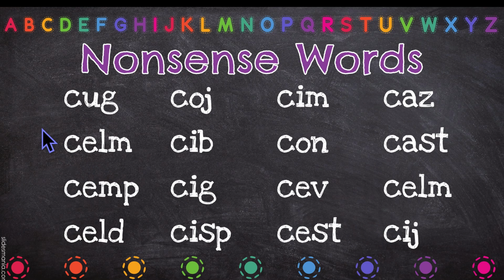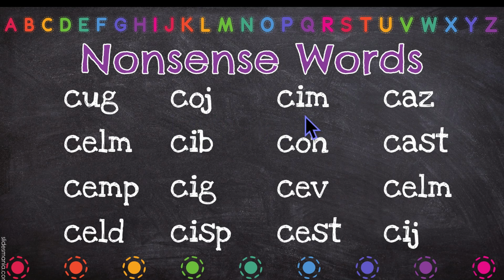Now we're going to practice with some nonsense words. These are made up silly words to make sure that you are reading the sounds that are there and not guessing. Is this an E, I, or a Y? No. So we need the first sound. K, ug, cug. E, I, or Y? No. We need the first sound. K, odge, codge.